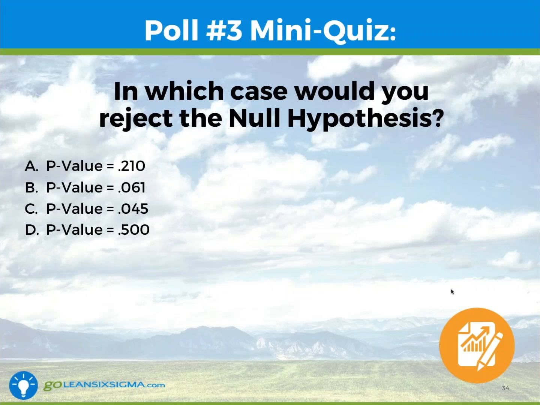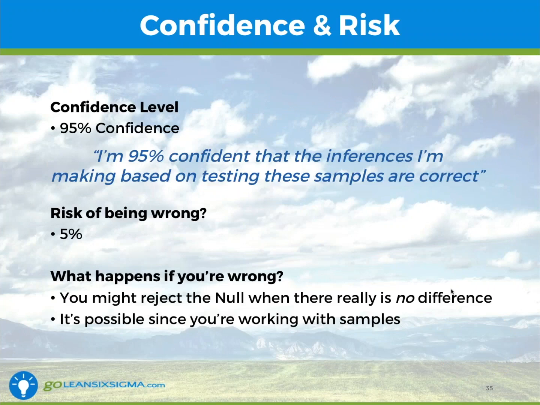Okay, let's talk about something else you're going to see, and that's something called a confidence level. And the flip side of that is risk. There's confidence and risk. And you saw it in the test. You may have noticed it said 95% confidence. Literally the translation is, I am 95% confident that the inferences I'm making based on testing these samples are correct.